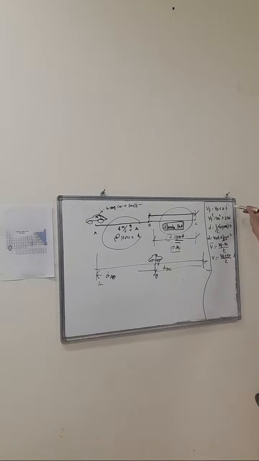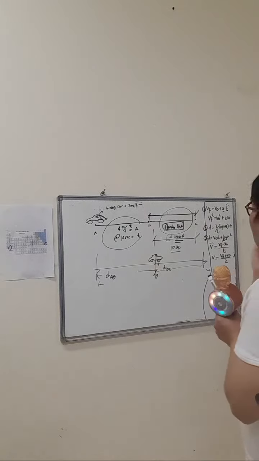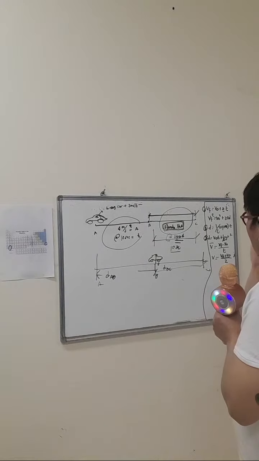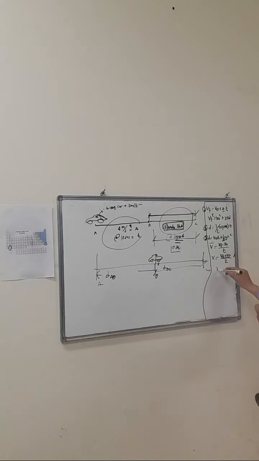So equation 1 is applicable, equation 2 is applicable also, and 3 also is applicable. Now let's check equation 1 first. You get the point? And then we have another one: distance is equal to velocity times time. This is for constant speed.